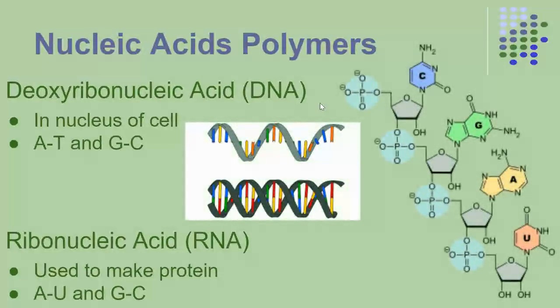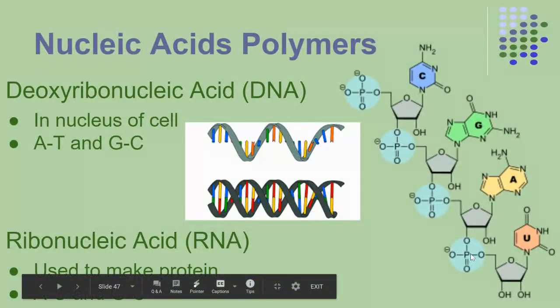Here's a picture representation. RNA is only one strand, and DNA is a double helix, so two twisted strands. You can see here how the monomers bond together to each other when making DNA or RNA. This one's actually an RNA, and we can tell because it has U for uracil.